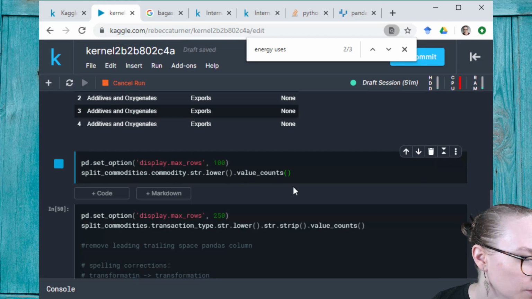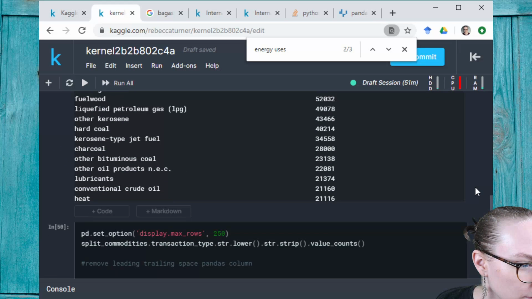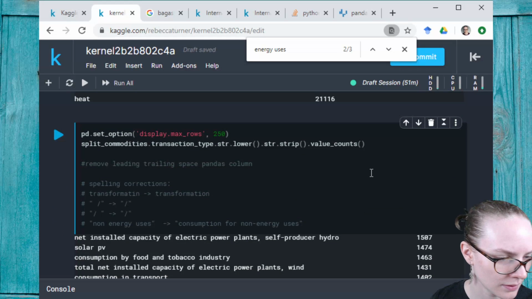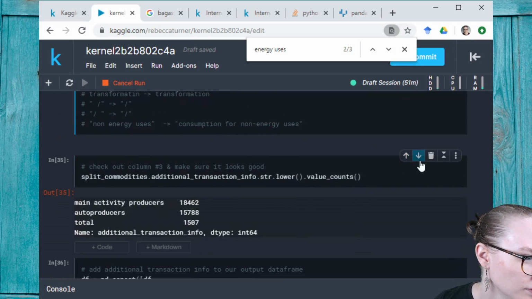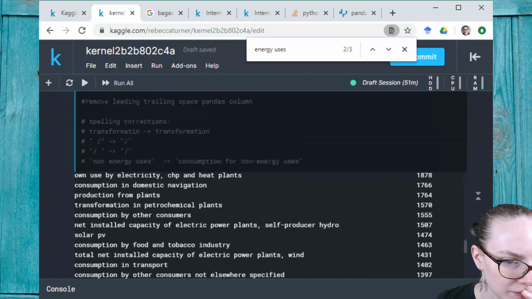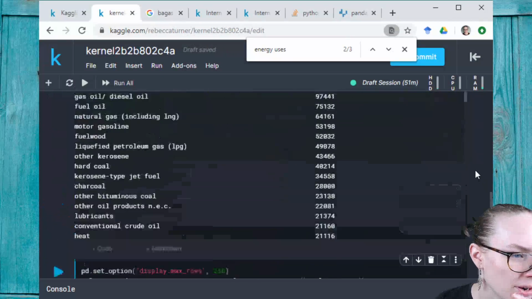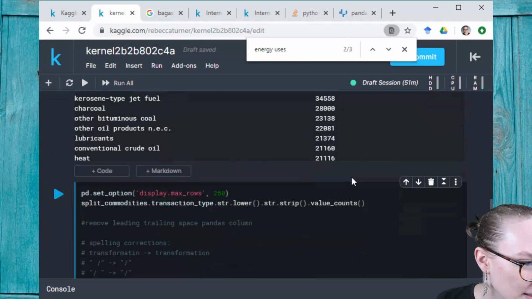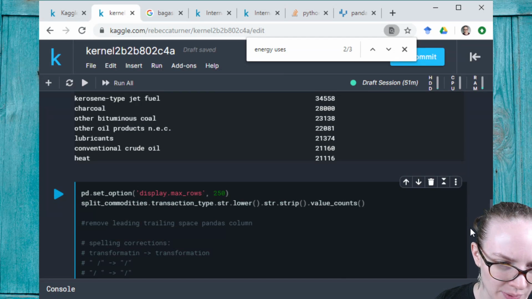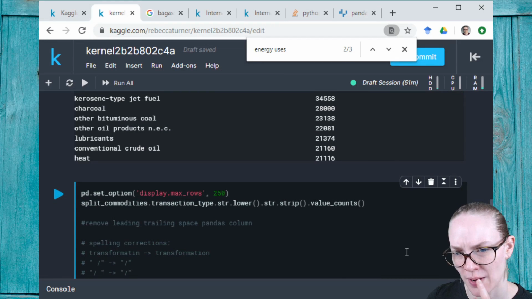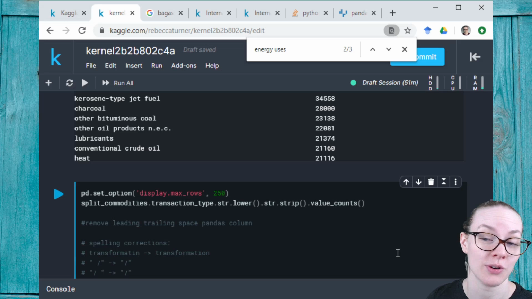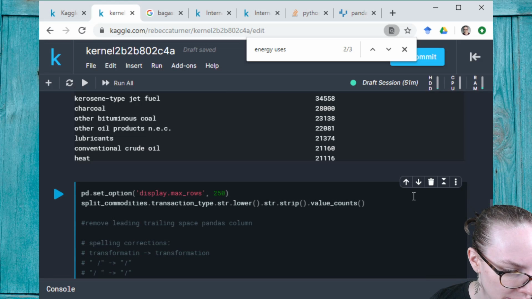Oh, and then we don't have to strip, huh? We don't have to strip the leading and trailing white spaces. Actually, we might want to anyway in case it was there in the original data entry.